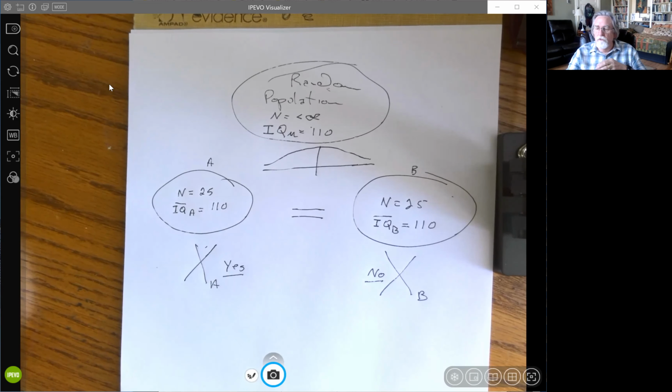And so we have a treatment group and a control group.